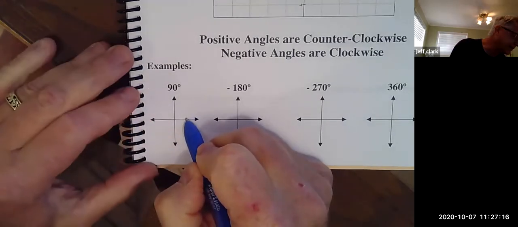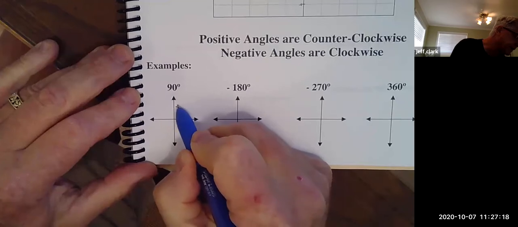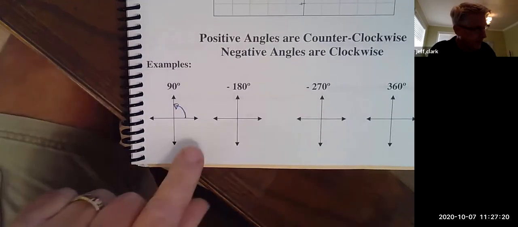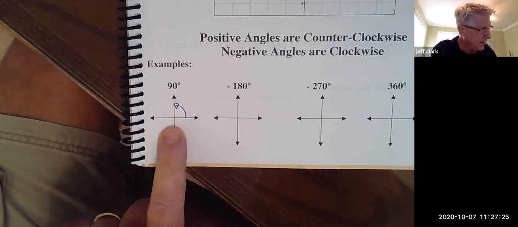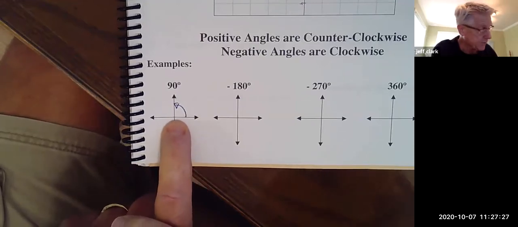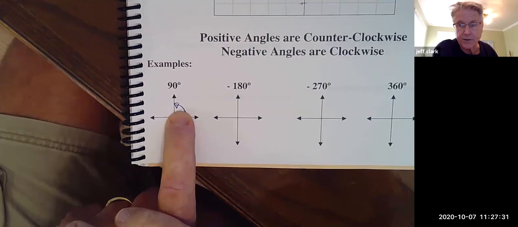Since it's positive, we're going to draw it this way, and you put a little arrow. The beginning starts right at the positive x-axis. The terminal side is right there at the positive y-axis, and you put your arrow there so it indicates the direction that you're going, which is counterclockwise.